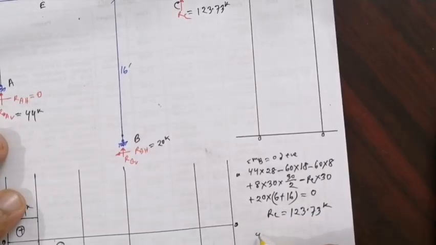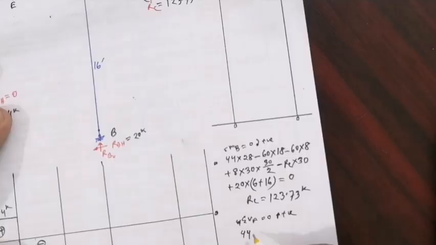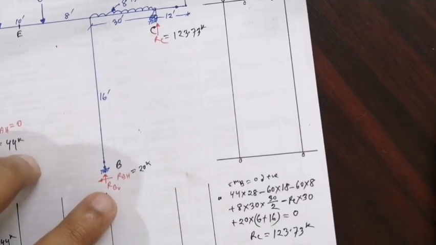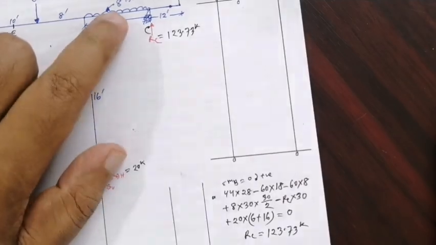As we can denote here, summation of vertical force equal to 0, upward positive: 44 positive, 60 negative, minus 60, minus 60. RB vertical is positive, and this is negative.